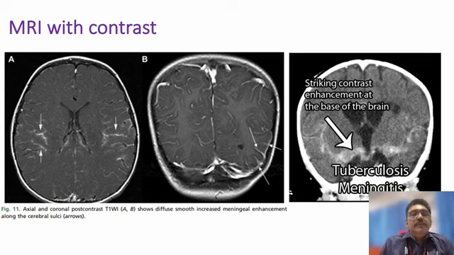In MRI with contrast, you can see enhancement of the inflamed meninges. Even in tuberculosis, you can see enhancement at the base of the brain. So MRI with contrast is a better imaging choice than CT with contrast in meningitis. Always try to do the MRI first, then go for the CSF study.